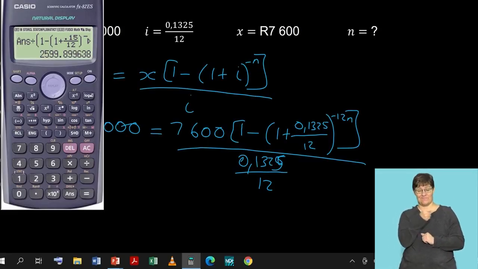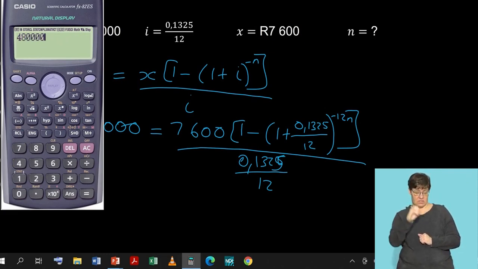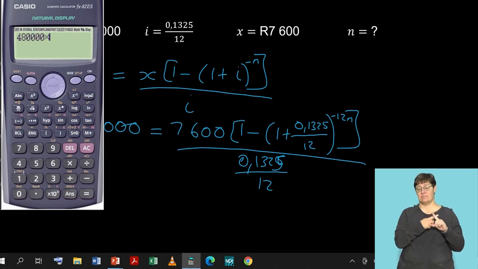Then you go straight to your calculator with this. On my calculator, I will say 480,000 multiplied by the interest, which is 0.1325 over 12, which gives me 5,300. I divide this by 7,600. It gives me that much, and then I must subtract 1, right? So subtract 1 from this, which will give me that.